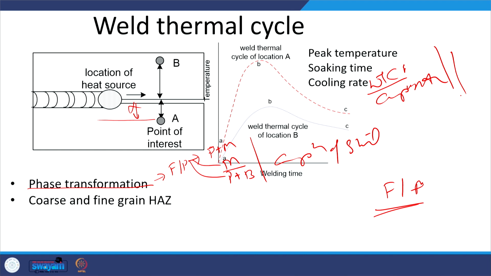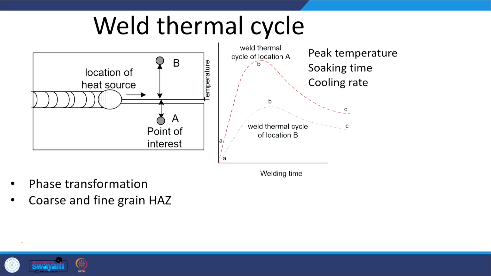The composition determines the carbon equivalent, which determines the hardenability, and hardenability determines the cooling rate encountered during welding at a particular location, and thus which kind of phase is produced.